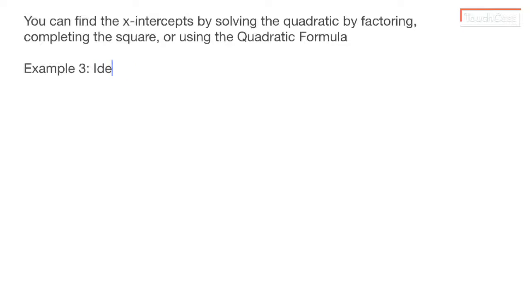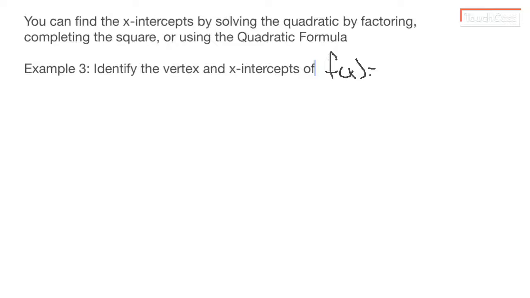We're going to identify the vertex and x-intercepts of the function f of x equals negative x squared plus 6x minus 8.